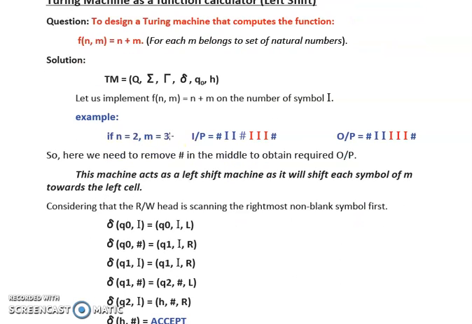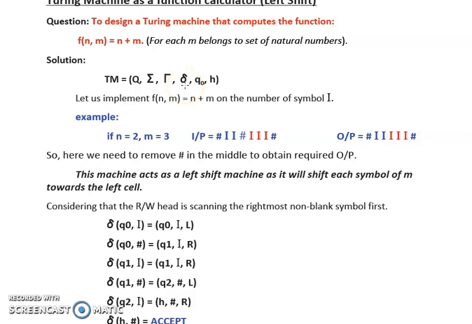A Turing machine can be represented using 6 tuples. Capital Q is the set of states. Sigma is the set of symbols in the infinite tape, except the blank symbol, that is hash. Gamma is the symbols in the infinite tape along with the blank symbol, that is hash.